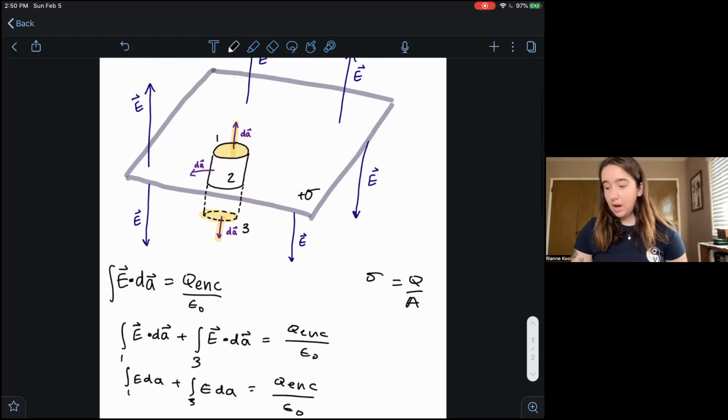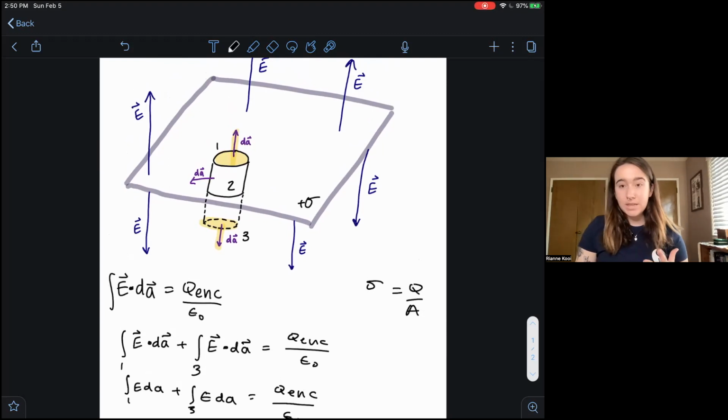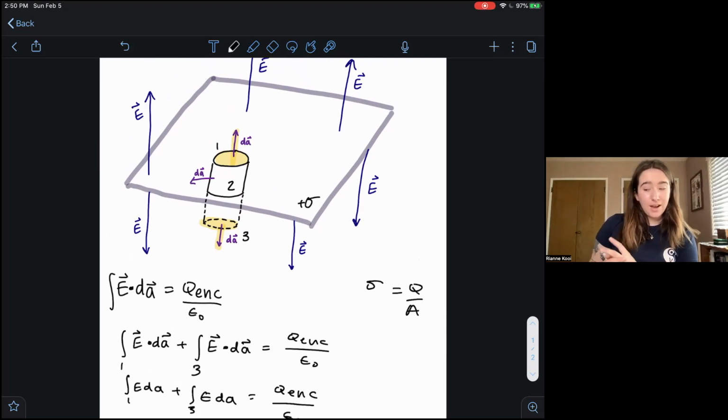So looking at our dAs, since this is a cylinder, we know what the face of that is. Those are just two circles. And we know what the area of a circle is. It's just pi r squared.